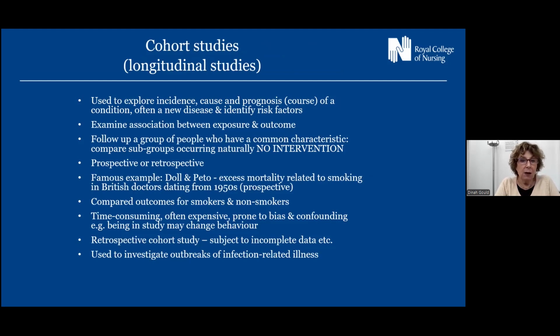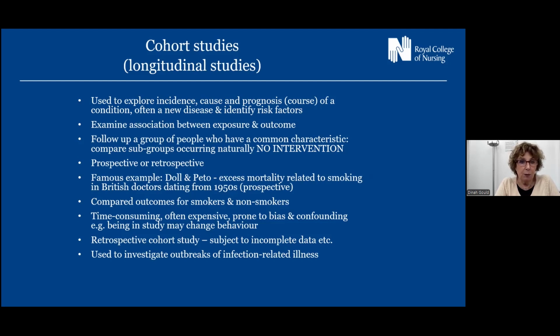We use them to examine the association between exposure and outcome, so between an intervention and what happens afterwards. We follow up a group of people who have a common characteristic, and we compare subgroups of the population, but we don't do an intervention ourselves. Things might occur, and we look at differences between what happens to different people in the group, but we don't do any manipulation. So that's why it's not an experimental study.